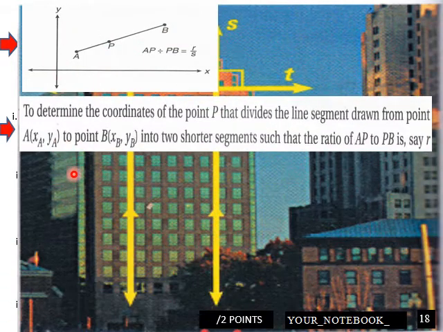To determine the coordinates of point P that divides the line segment into 2 shorter segments, such that the ratio of AP to PB is R to S, R divided by S would be AP divided by PB.